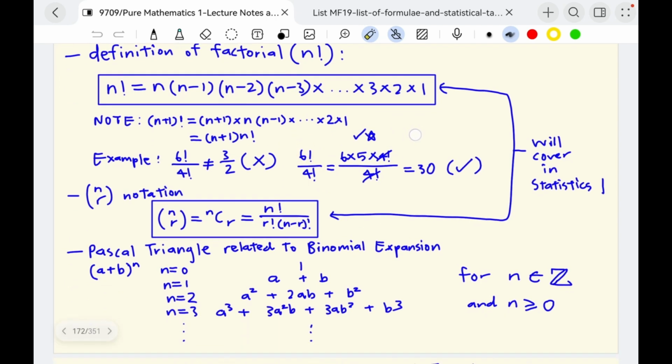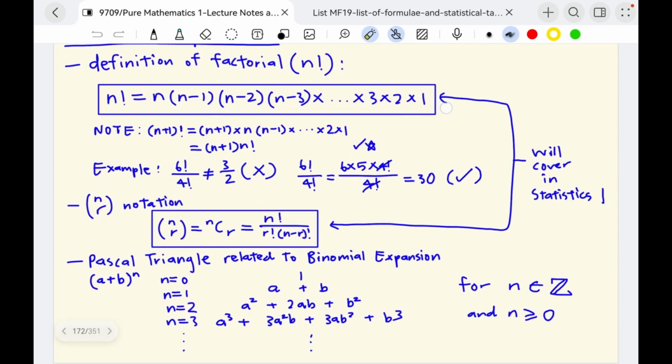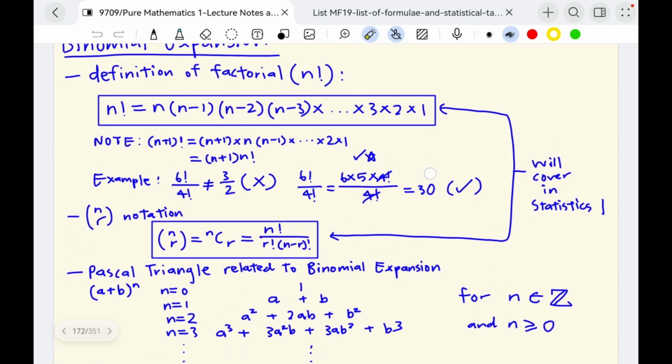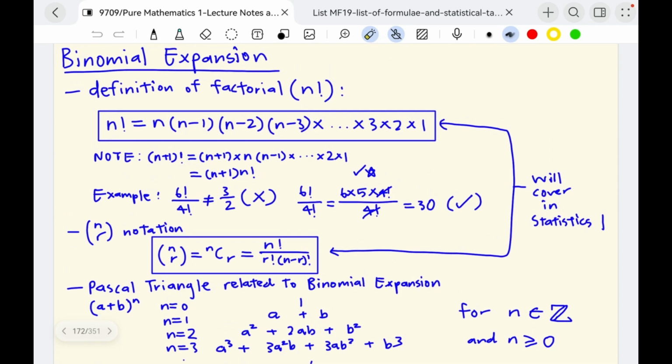Okay, so the next thing is the combination formula, which can be represented like the vector form of nr. Every student misunderstood that this is the vector nr, but it is actually different notation.